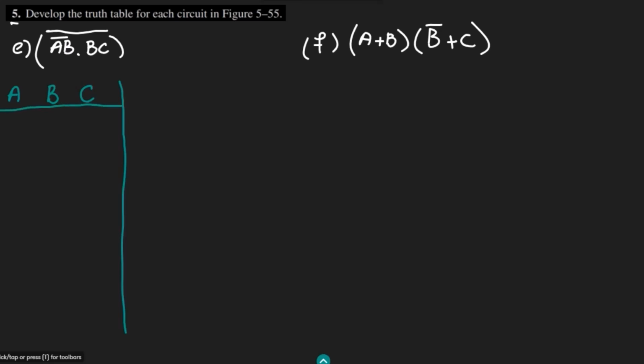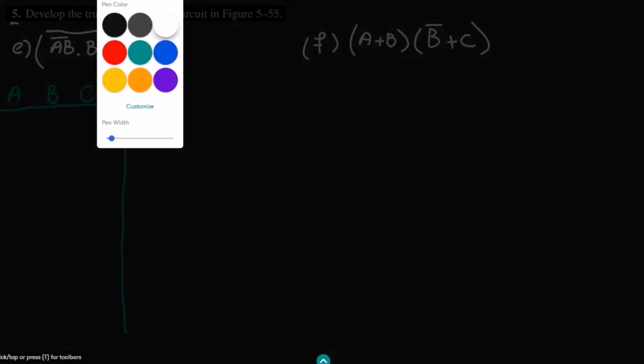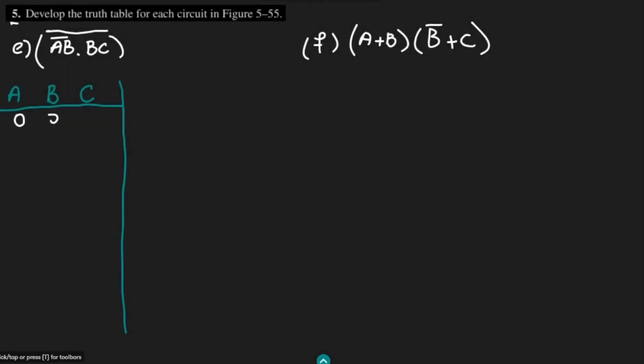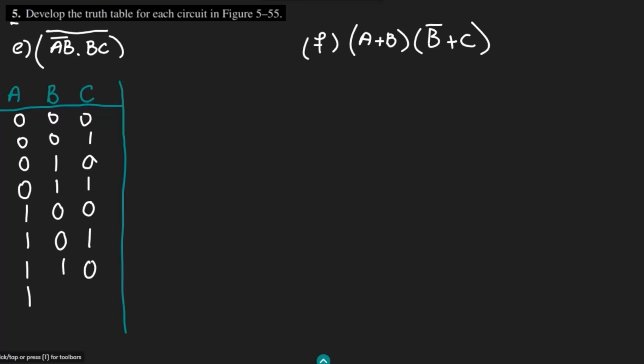Let me write them using this white color. So 0 0 0, 0 0 1, 0 1 0, and then 0 1 1. These are the first 4 combinations. Then 1 0 0, 1 0 1, 1 1 0, and the last one is 1 1 1.